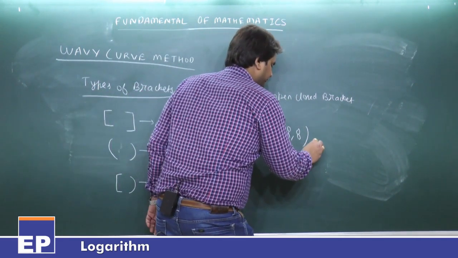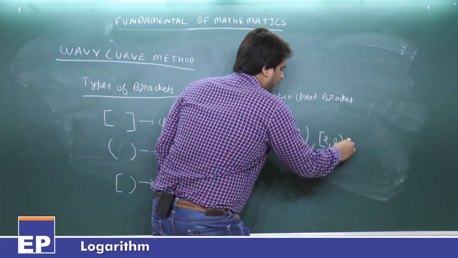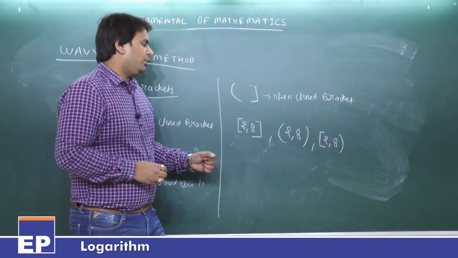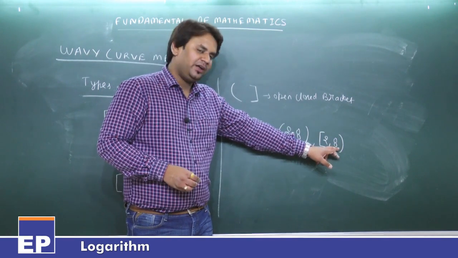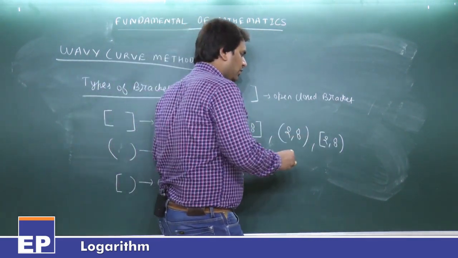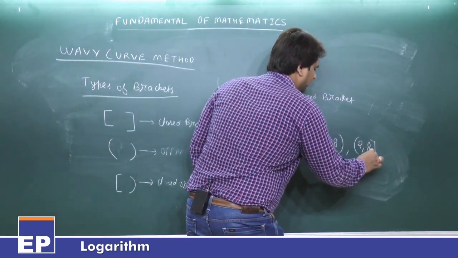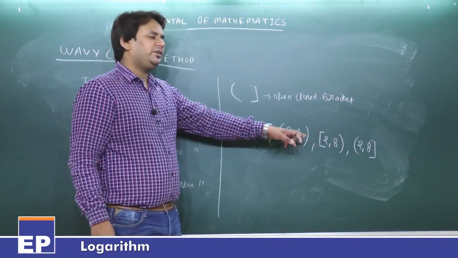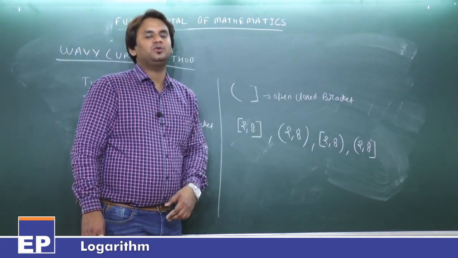Third case, closed bracket 2 up to open bracket 8: you can take 2, you cannot take 8, but you can take all the values lying between 2 and 8. Next is open bracket 2 and closed bracket 8. You cannot take 2 in your answer, you can take 8, and you can take all the values lying between 2 and 8.